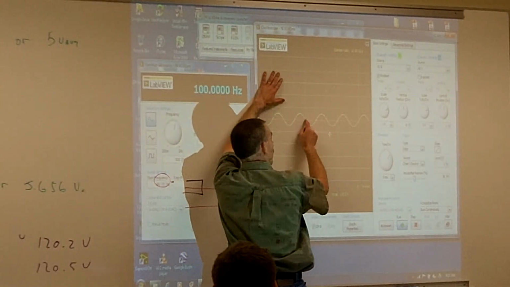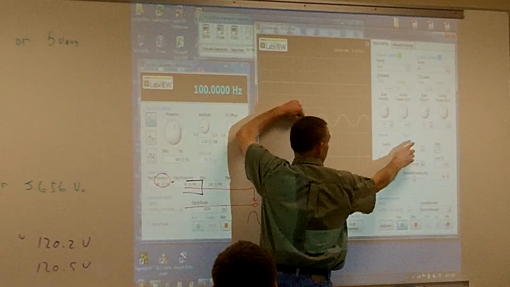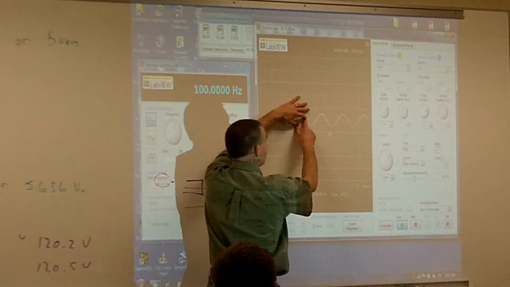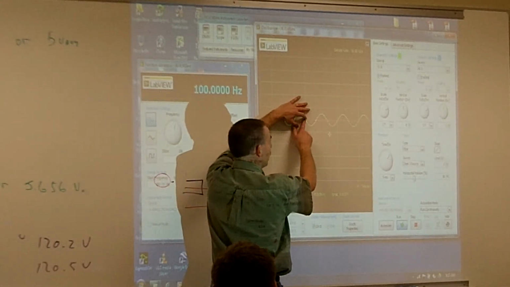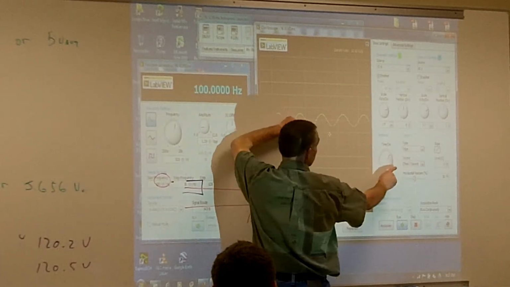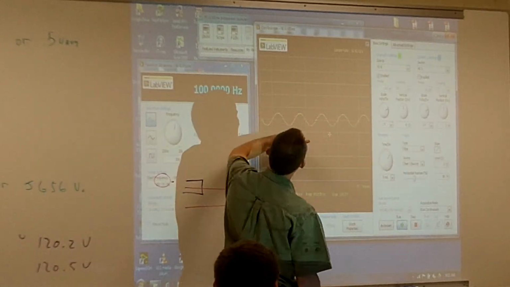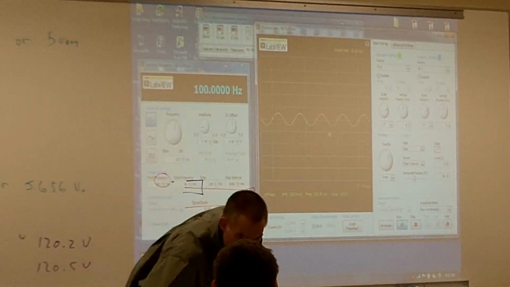All it's doing is drawing whatever it sees. So we have to use what we call a trigger, and tell the trigger when to trigger. It's going to trigger off one of the edges, when it goes from low to high.